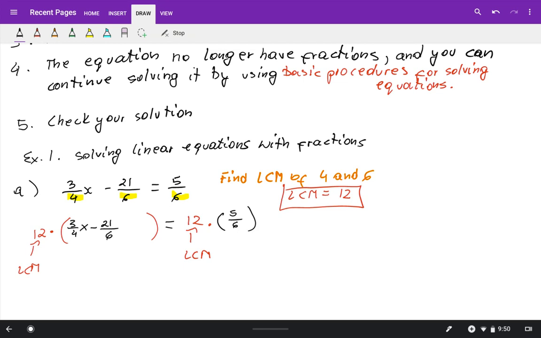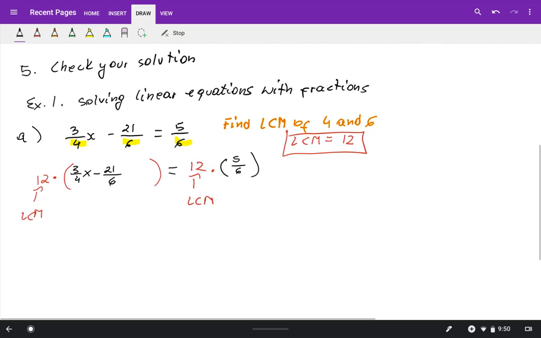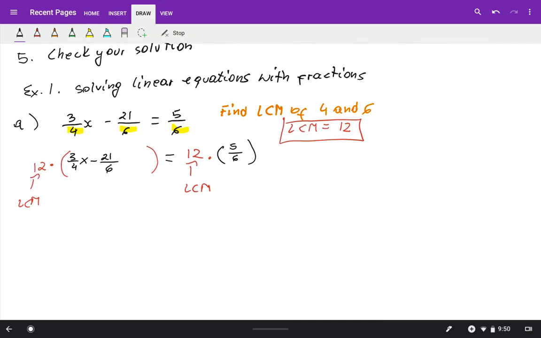You technically don't need parentheses, I just want to get you used to them, because next you're going to apply the distribution property. So you're going to multiply 12 by both.